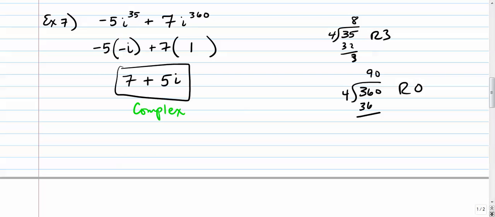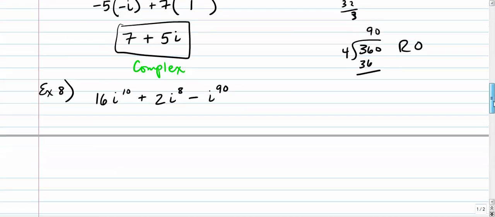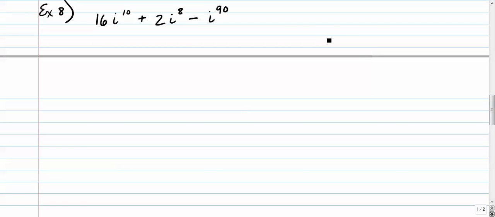One more. Number 8. Alright, 16i to the 10th plus 2i to the 8th minus i to the 90th power. You can pause, try to figure this one out, and I will complete it right here. So we have R2.